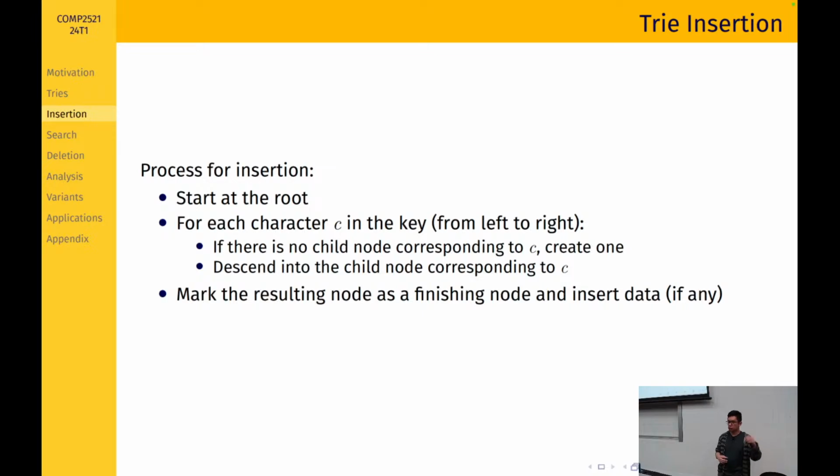We're going to keep doing this for each character in the key. So we're going to basically walk down the tree, each time creating a new node if there isn't one. And at the end of that path, we're going to mark the resulting node, so the final node, as a finishing node. And then if there is any data to insert, then we're going to insert that data.